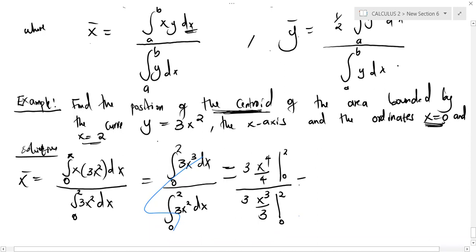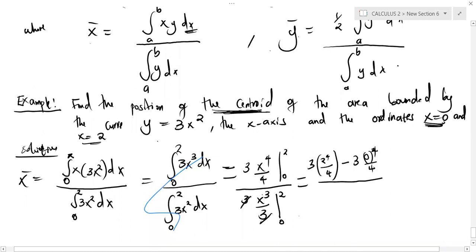If we finish off by replacing 2 and 0, on the numerator we will have 3 into 2 raised to power 4 over 4 minus 3 into 0 raised to power 4 over 4, all divided by 3x cubed over 3 on the denominator.